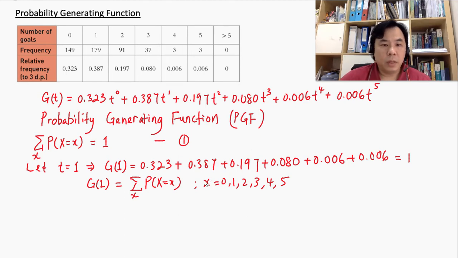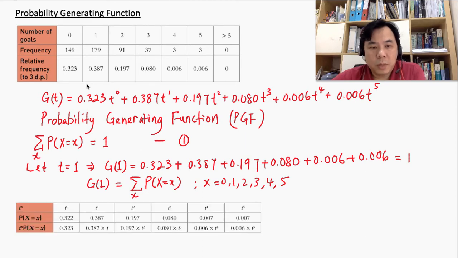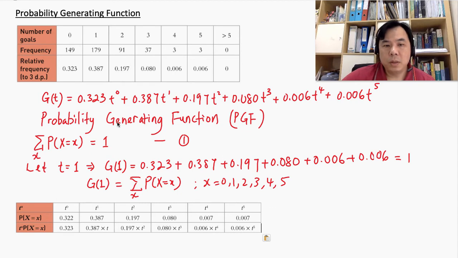Okay. Now next, I'm going to show you another property that we can obtain, other than the first property here. For the second one, instead of representing this using this table, we can reorganize the table one more time so that it looks something like this. Okay, so we can reorganize this information in this format.